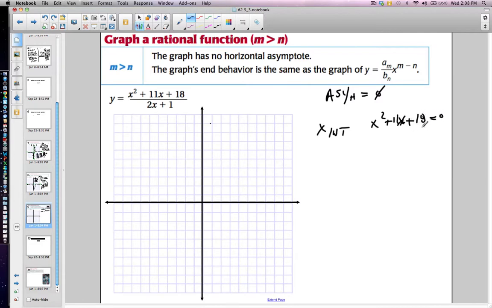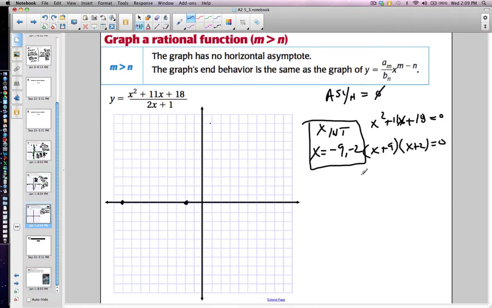When I look for factors of 18 that add up to 11, this is x plus 9 times x plus 2. So my x-intercepts are -9 and -2.